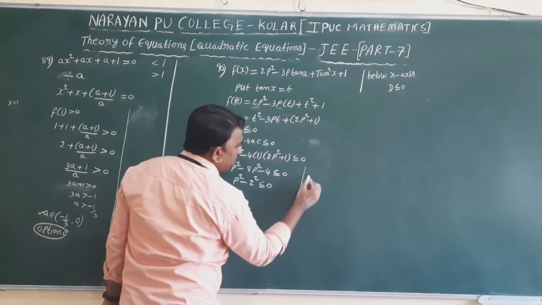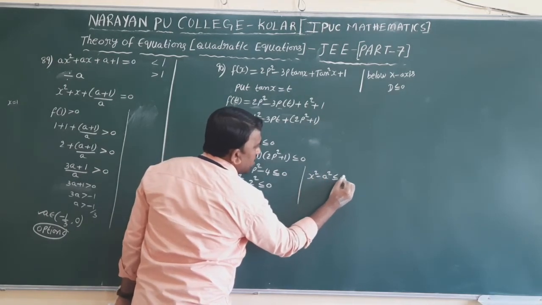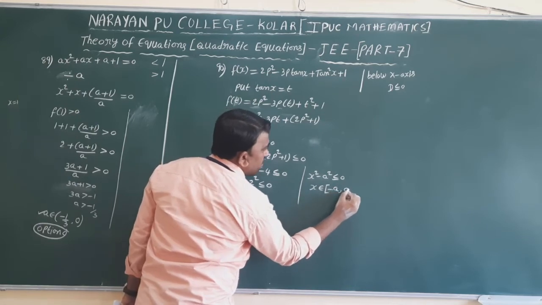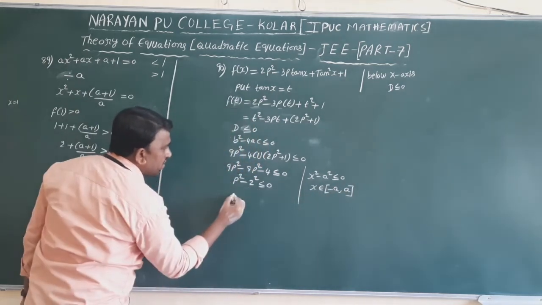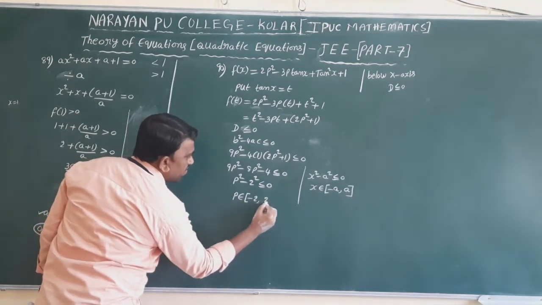We know the formula: x square minus a square less than or equal to 0 gives x belongs to the closed interval minus a comma plus a. So p belongs to the closed interval minus 2 comma plus 2.